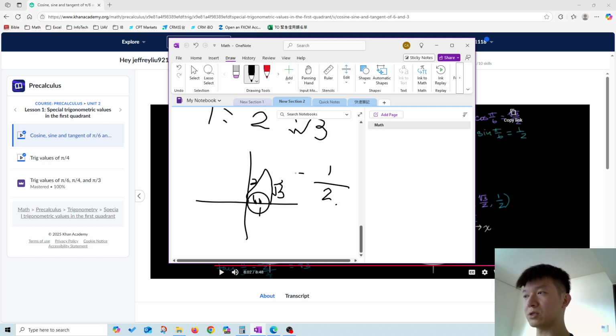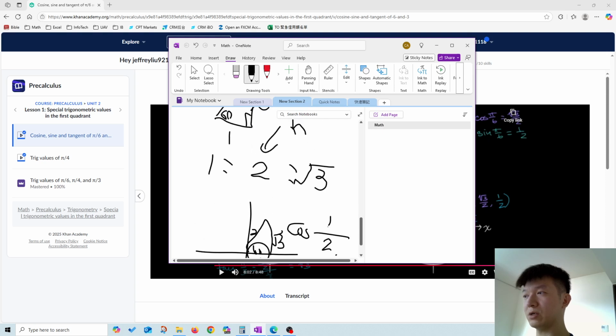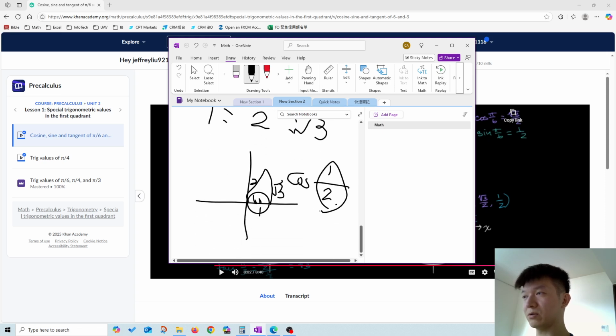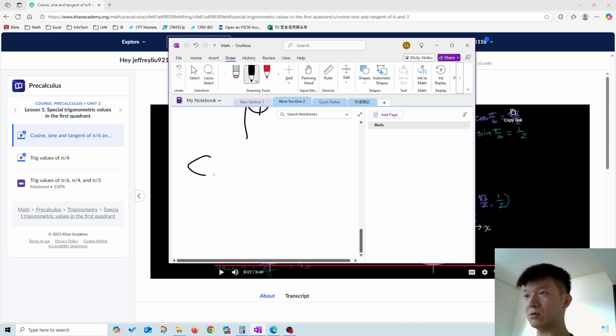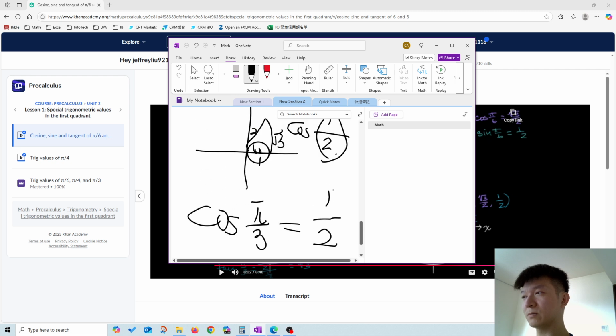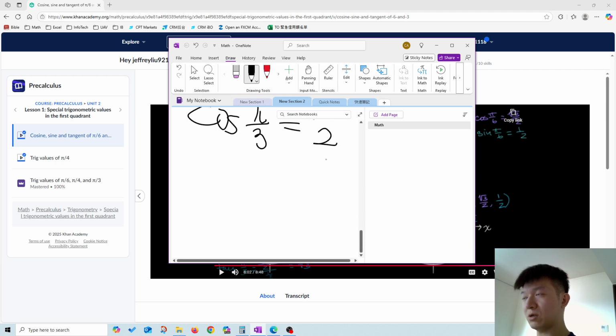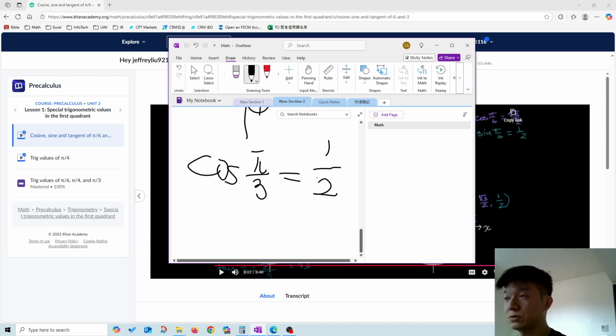This is the cosine of that angle, which is 60 degrees, and this is our value. So cosine pi over 3 equals 1 over 2, the adjacent over hypotenuse.